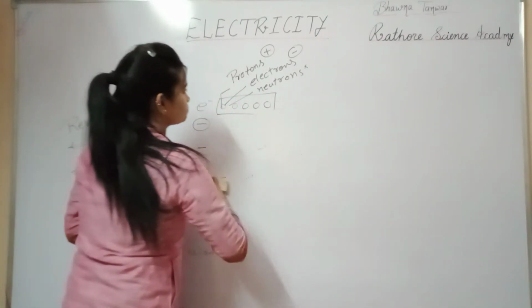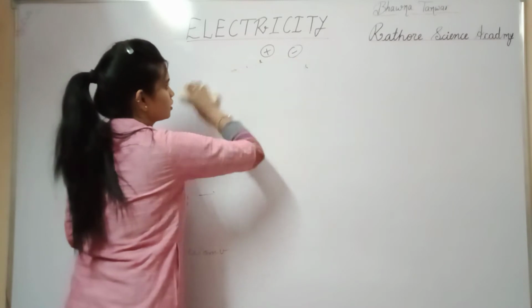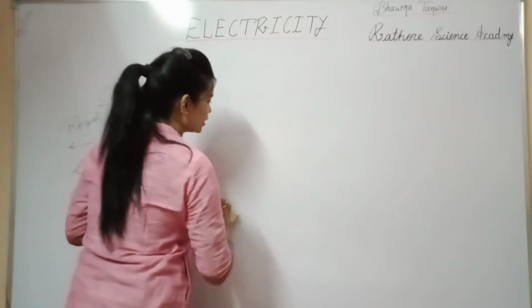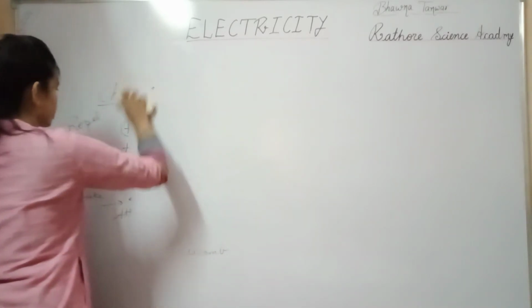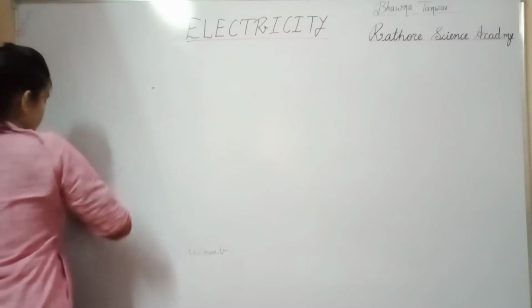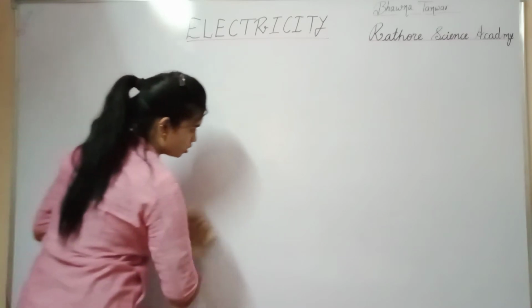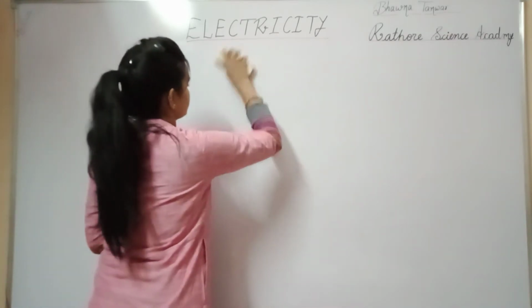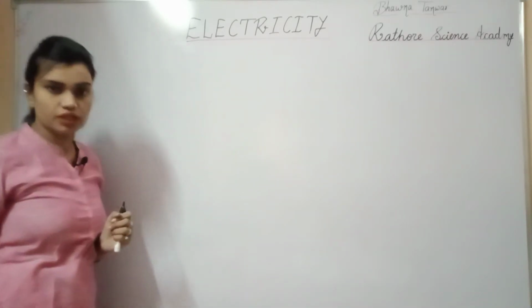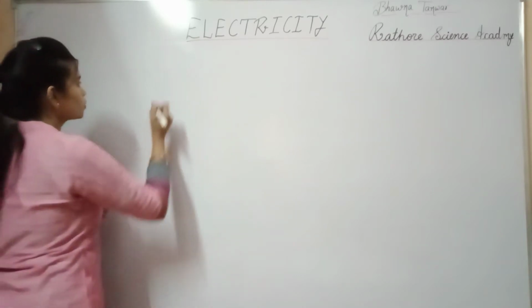Now see, how much will 1 coulomb be? 1 coulomb will be equal to how many electrons? The question arises: determine the number of electrons present in 1 coulomb charge.